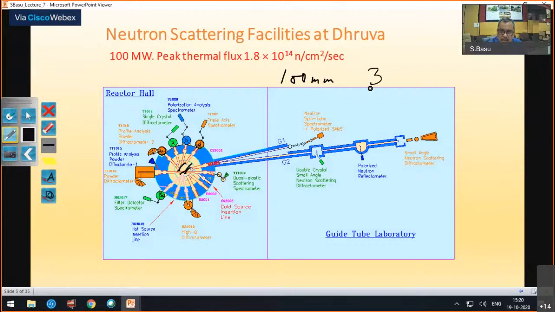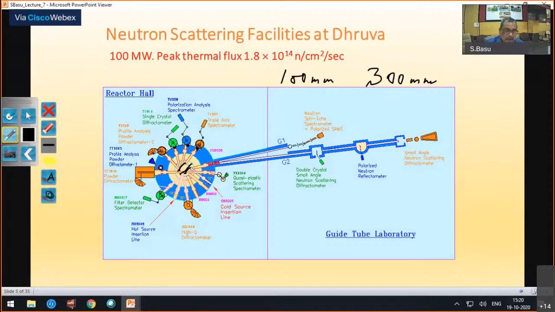We also have 300 millimeter diameter beam lines to allow the neutrons to flow out. This is common for all the reactor based sources, that the neutron flows down these holes and reaches out at these points.